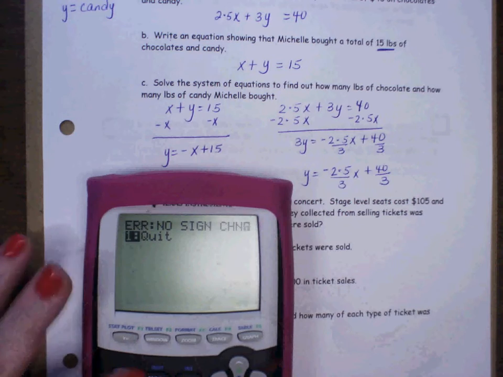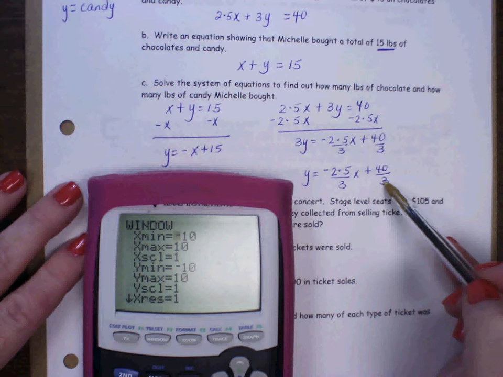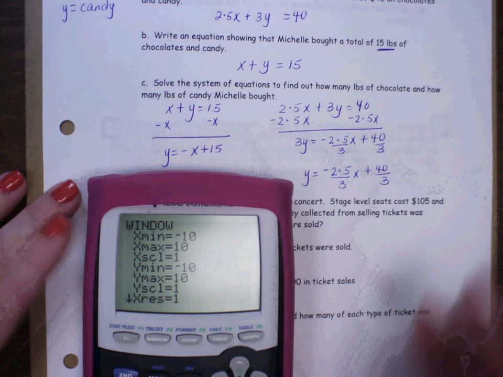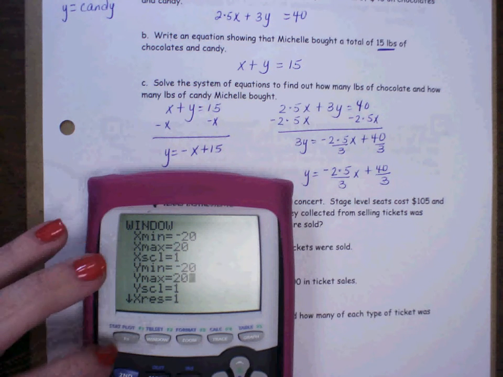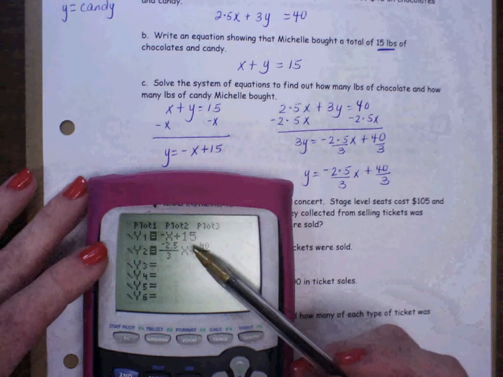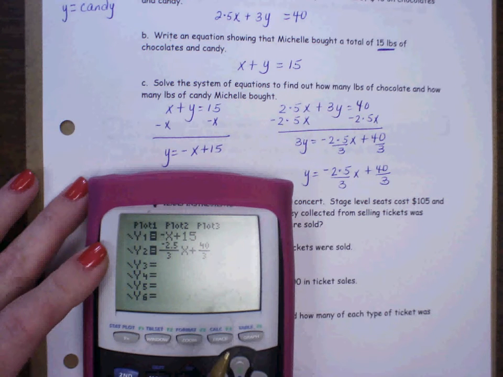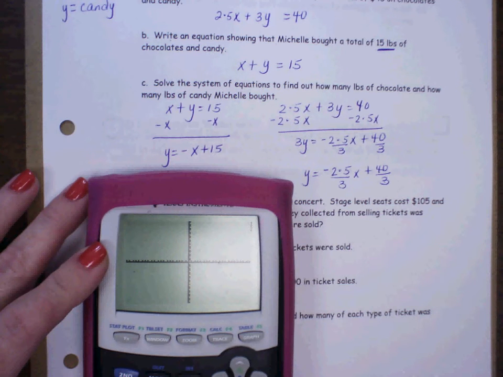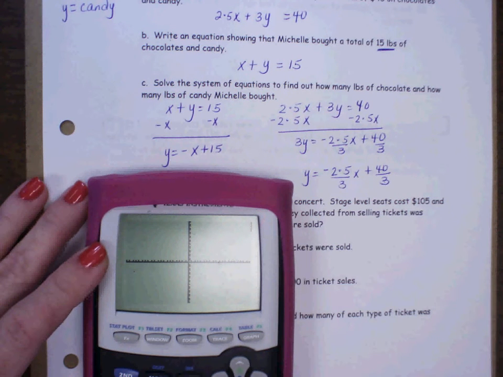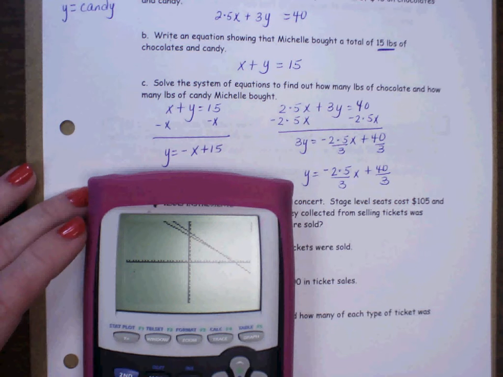Okay, so let's go to the window. 40 divided by 3, that would be 13, and that would be 15, so I'm going to change it to negative 20 and positive 20. Let me make sure that my negative x plus 15, negative 2.5 divided by 3x, yep. Uh-oh. I hit enter. Darn it. There it is.